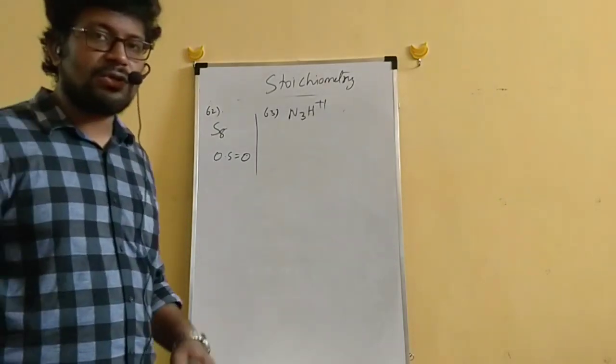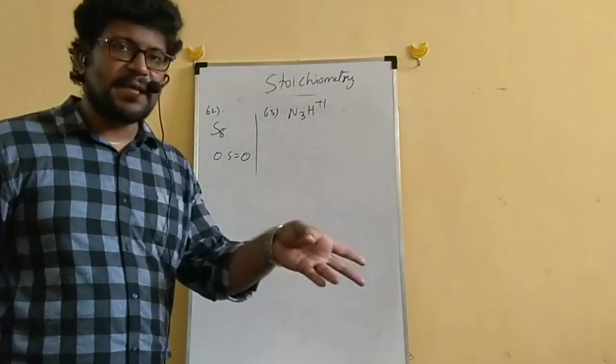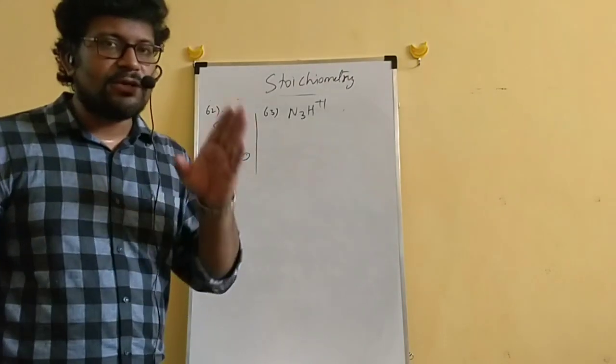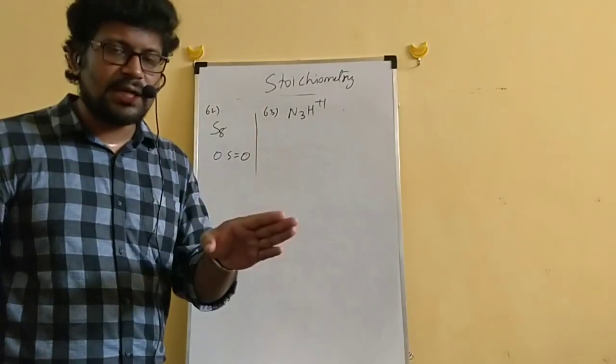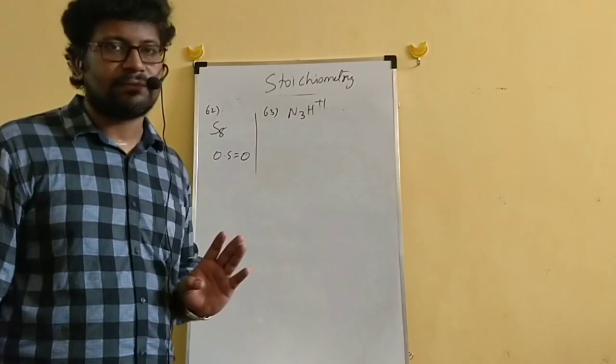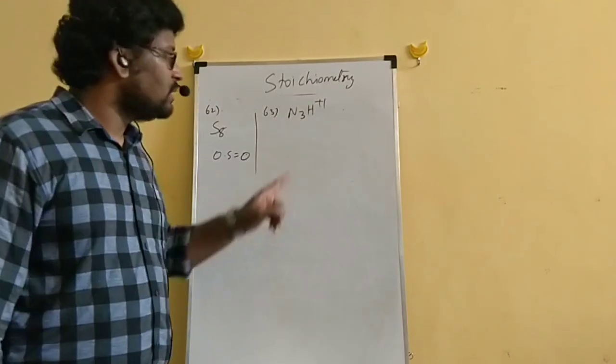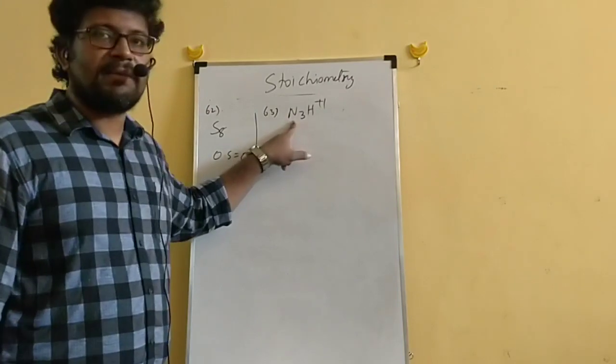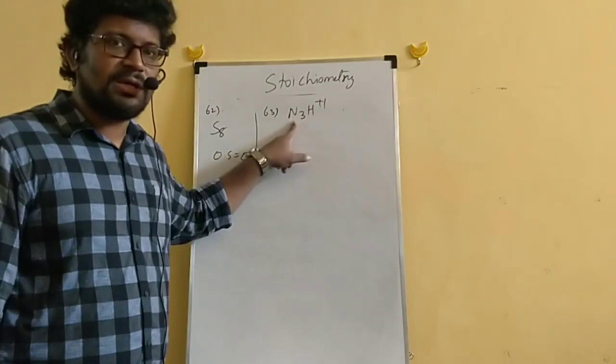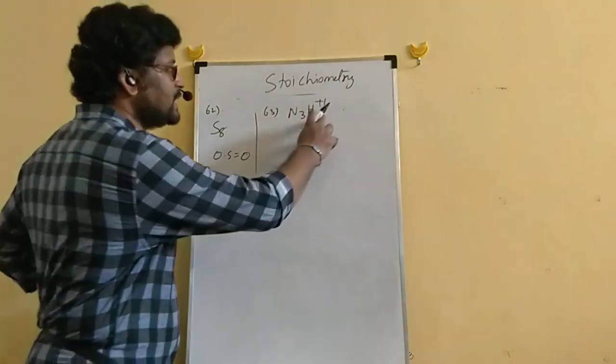Actually, hydrogen can show 2 oxidation states, plus 1 and minus 1. Hydrogen will show minus 1 with metals only, in metallic hydrides. But here it is a non-metal, and with non-metals hydrogen will show plus 1 only. So this is plus 1.